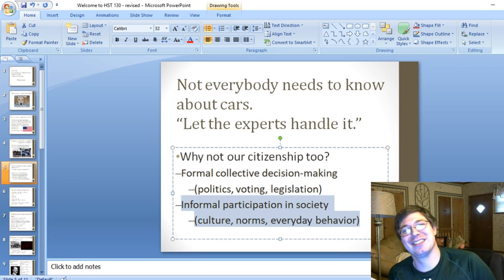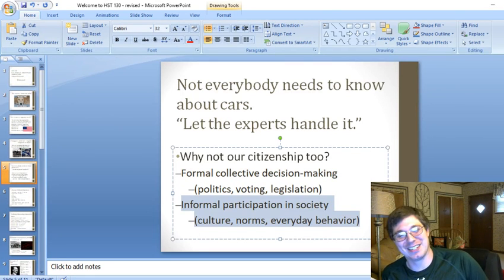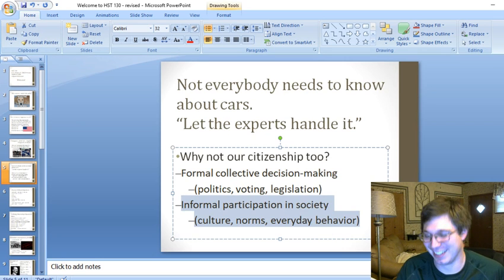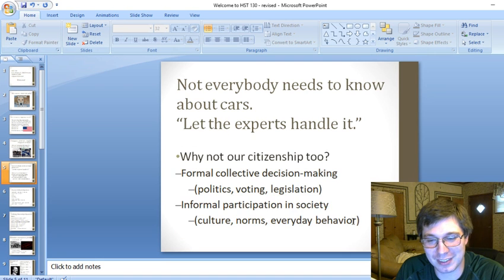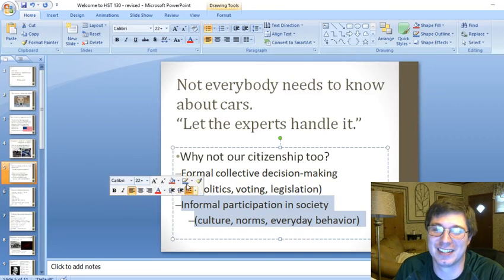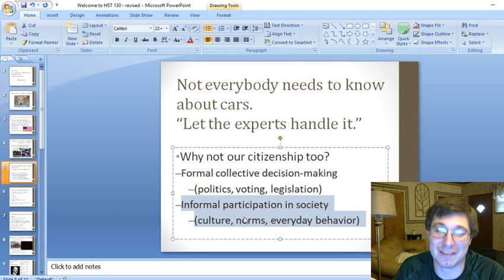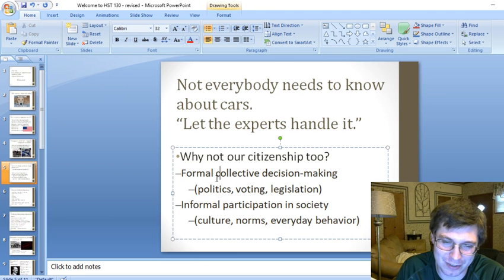These are, to a certain extent, cultural expectations, although they can also be made into explicit legal expectations, depending on whether society sees fit. But there are all sorts of ways in which we inescapably have an effect on society, at the very least informally, if not also formally.